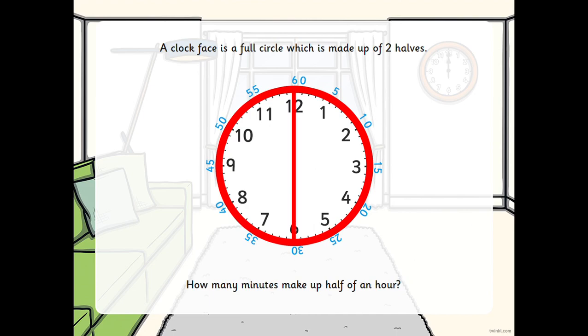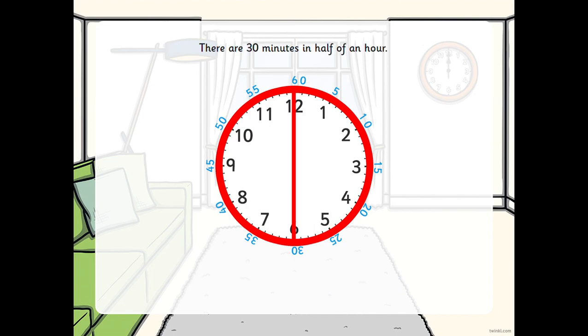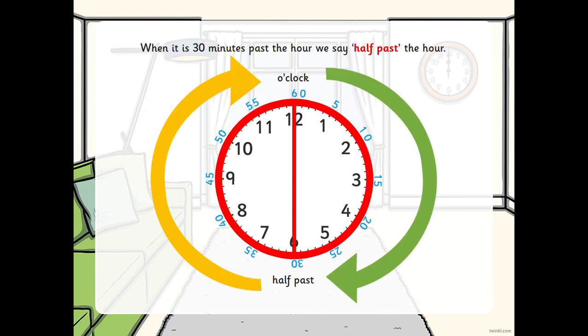And you can see that the line touches the 6, so there is 30 minutes in half an hour. Okay, when it is 30 minutes past the hour, we say half past the hour.